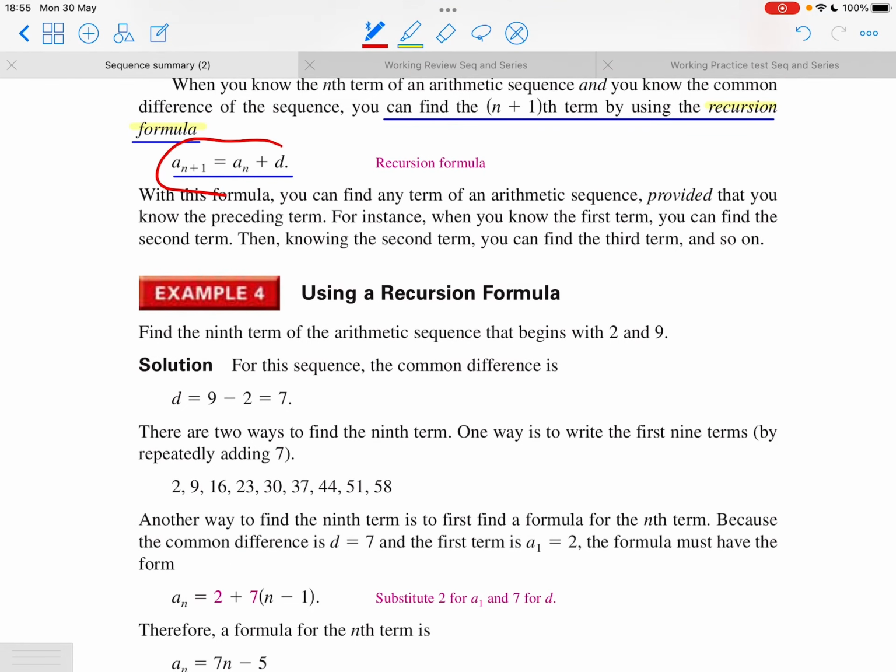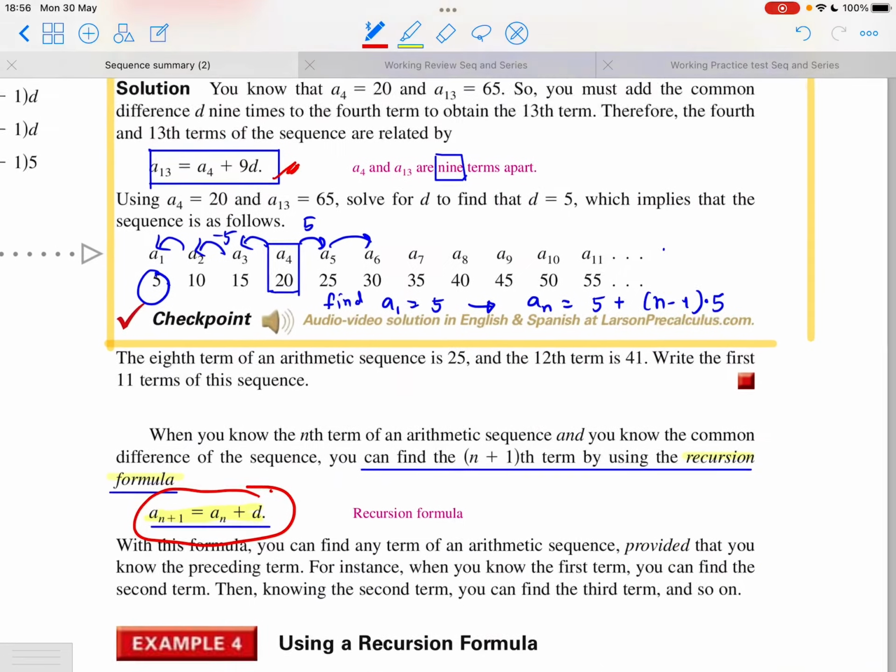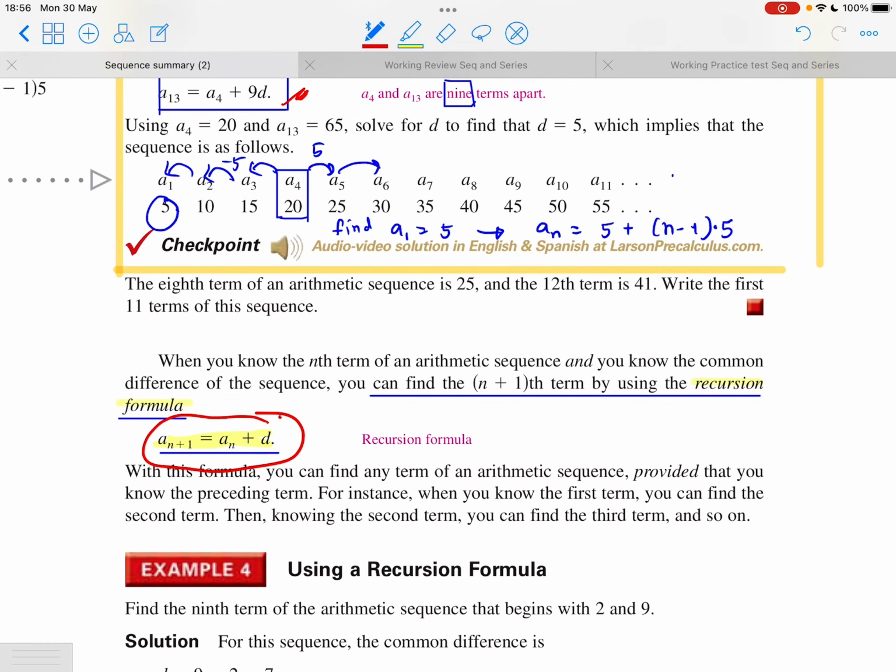So a_(n+1) is equal to a_n plus d. And a_k, which is like a_13, right?